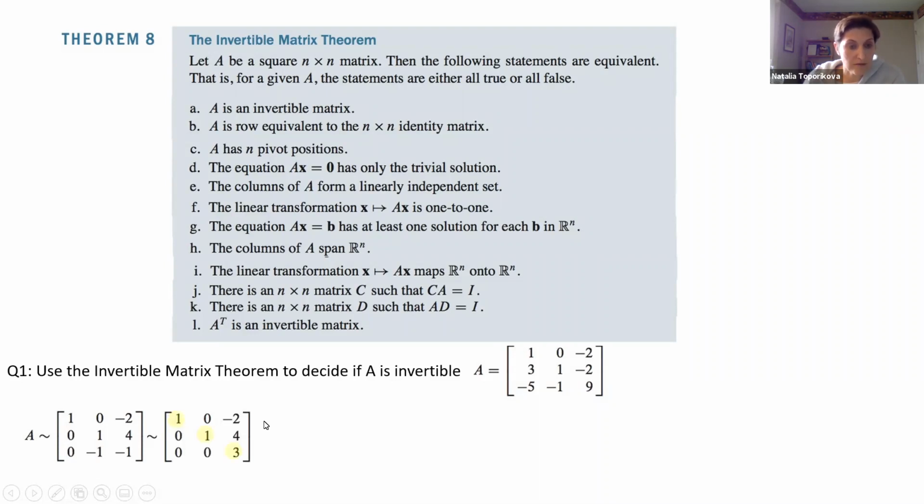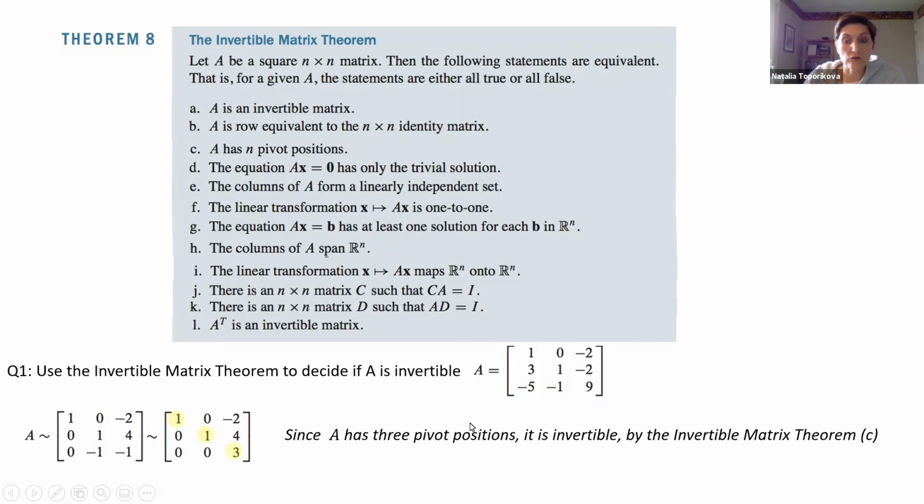We have 3 pivot columns with 3 pivot positions. So indeed, we have 3 pivot positions for the 3-dimensional matrix A. So we can refer to property C in the invertible matrix theorem and say that because we have 3 pivot positions, our 3-dimensional matrix A is an invertible one.